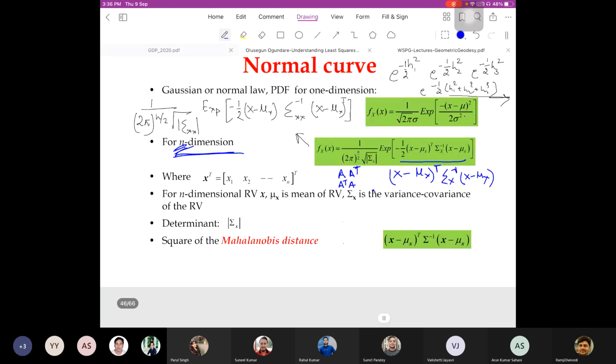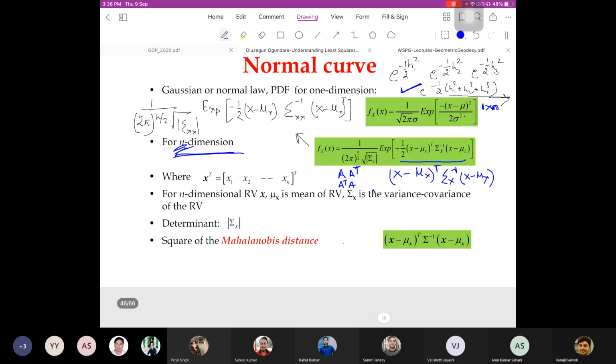It is generally chosen based on how we want our data set to be represented. If you follow your basic single dimension problem, you want to write exponentially minus 1 by 2 h1 square plus h2 square plus h3 square, isn't it? So it is coming as 1 cross n.